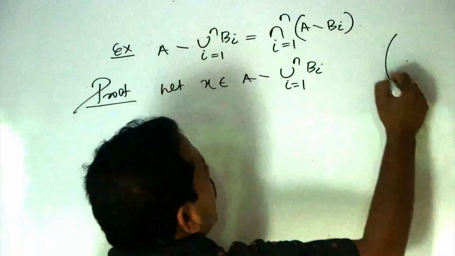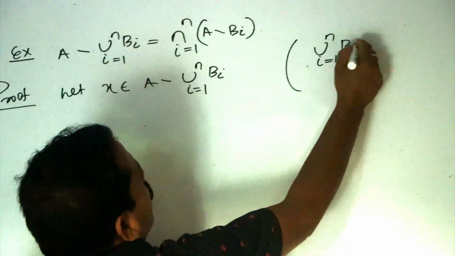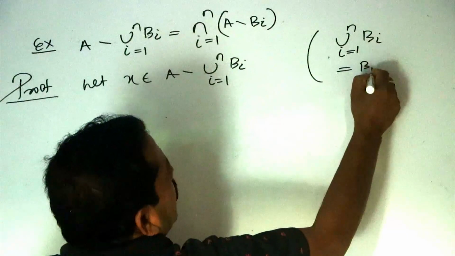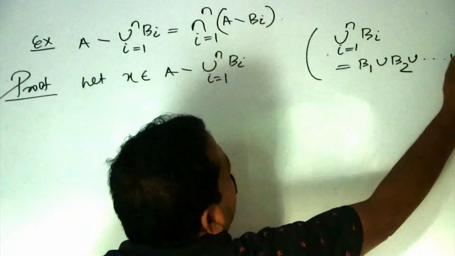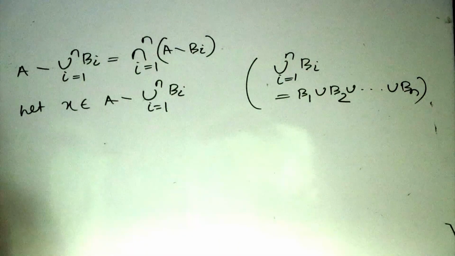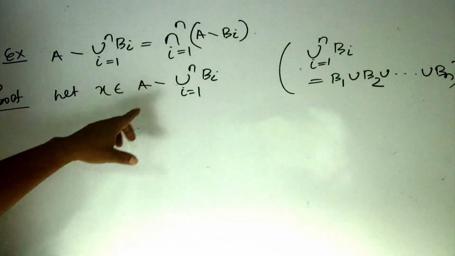In the previous class we discussed union i from 1 to n Bi means B1 union B2 union dot dot dot union Bn. For the union of n sets we use this symbol.